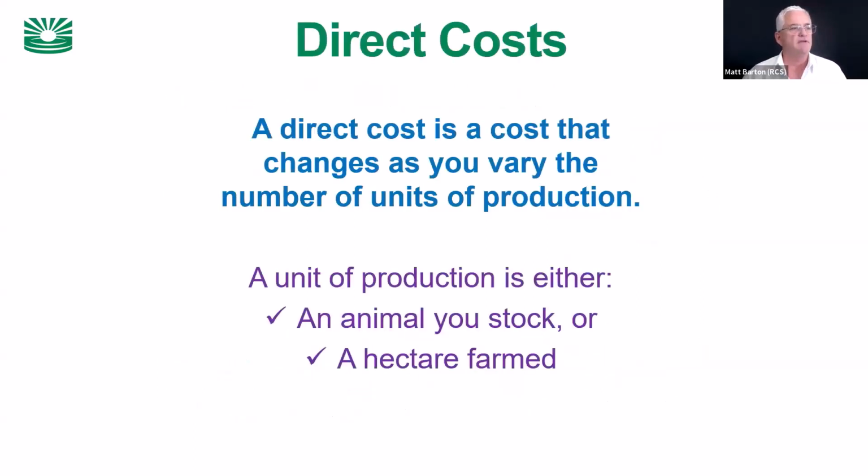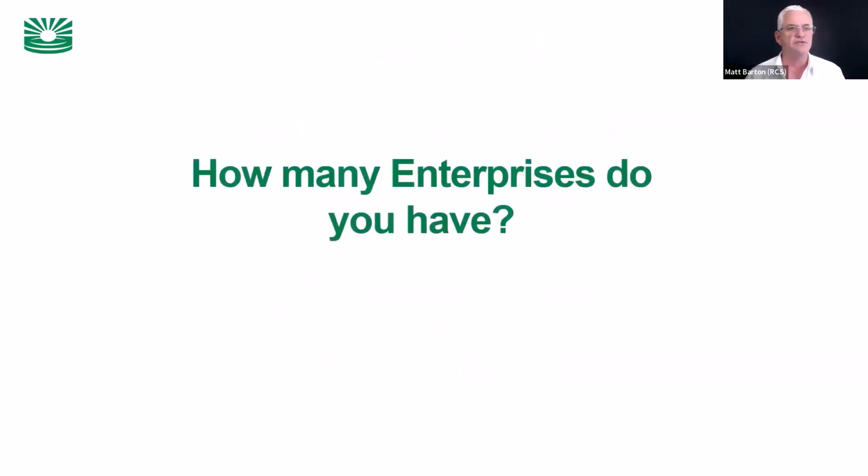Direct costs, as we've covered, are changes to the varying number of units of production. Unit of production is either an animal that you stock or a hectare that you farm. So I'd like to ask the question, how many enterprises do you carry?